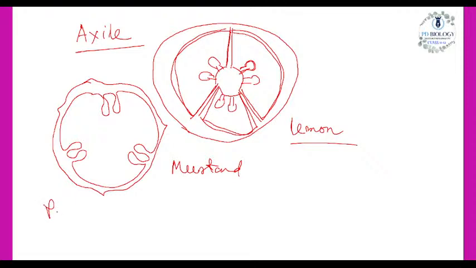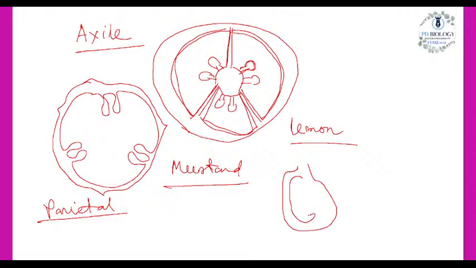So that's the parietal. The basal, that is in sunflower and marigold, this type of structure is found. This is the basal structure. That is found in sunflower or marigold.